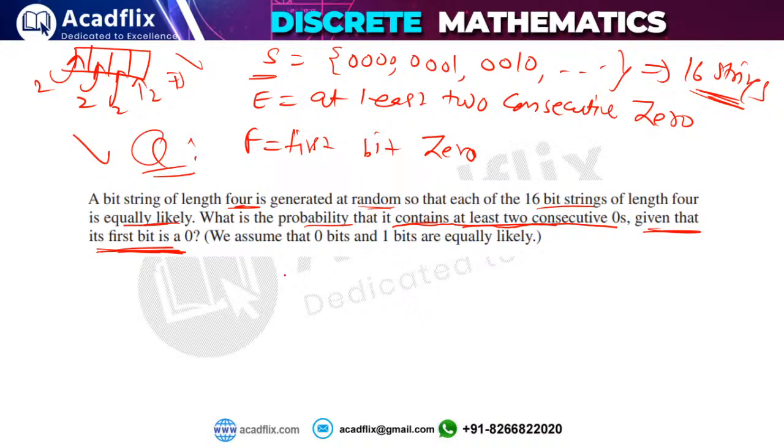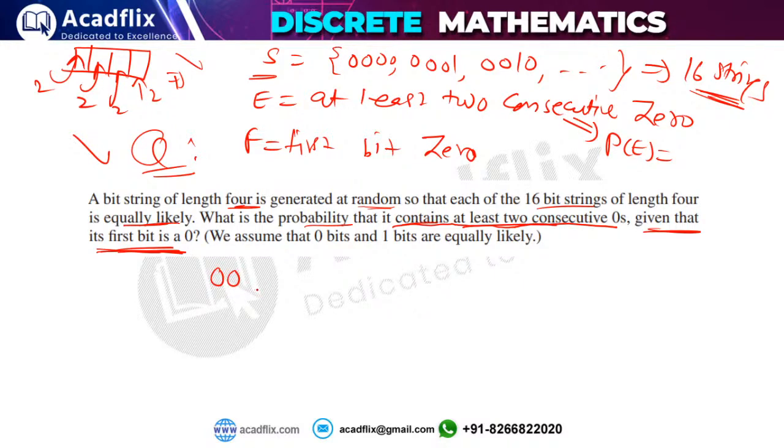Okay. So now, first of all, let's find what is the probability of E. See, this is E, at least 2 consecutive zeros. So how many favorable cases are there? So maybe your 2 consecutive zeros are here.